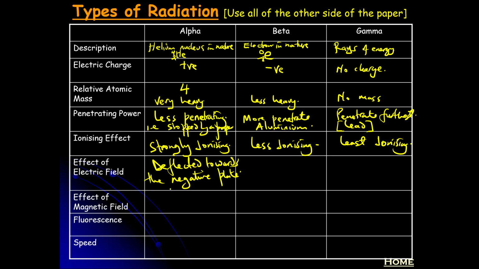I'm also going to show you an experiment concerning this. These ones are deflected towards the positive plate because they are negatively charged. And then since the gamma rays have no charge, they are not deflected.